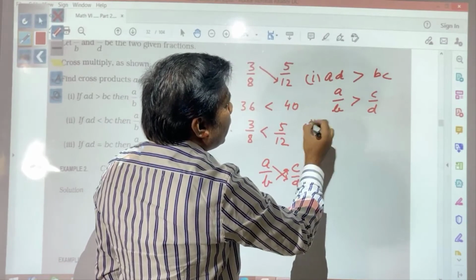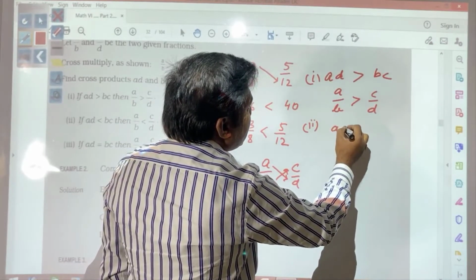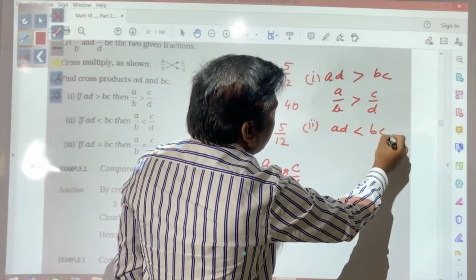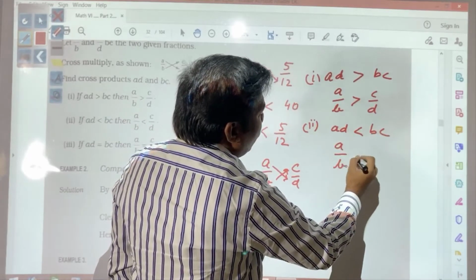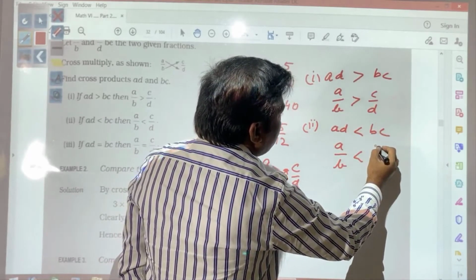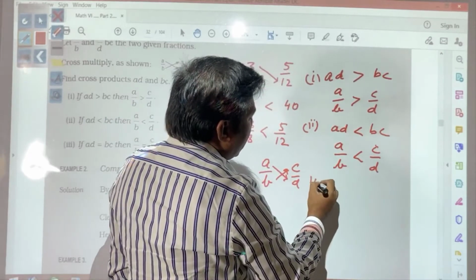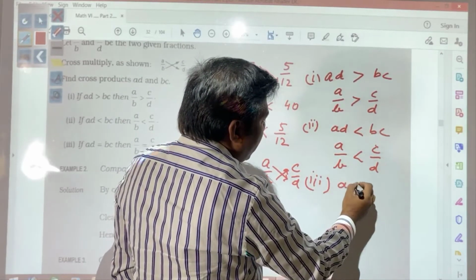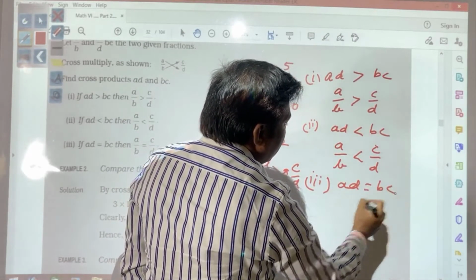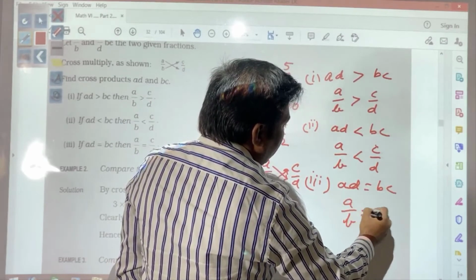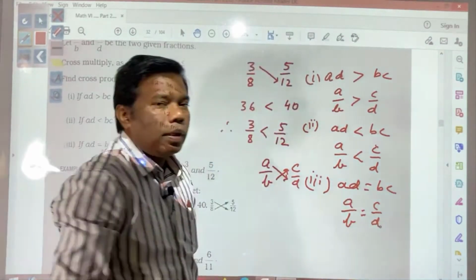Second case is what? If AD is lesser than BC, in this case A by B will be lesser than C by D. Third case is what? If both are equal, then in this case A by B will be equal to C by D. So simple it is.